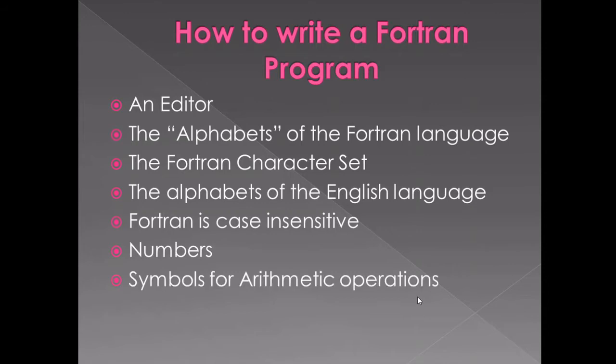Then we have the different symbols for arithmetic operations. What are these symbols? Next slide we'll talk about it. And of course, other symbols that a Fortran compiler allows to be used for writing a Fortran program. All of these combined together form what we call the Fortran character set.